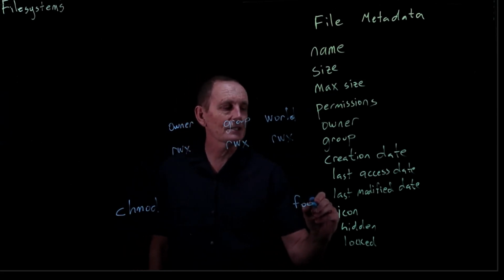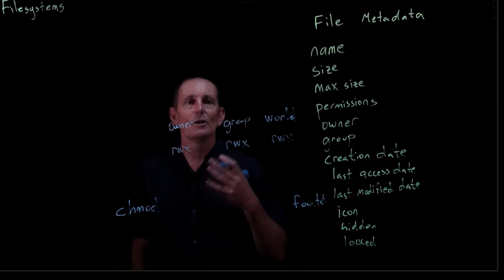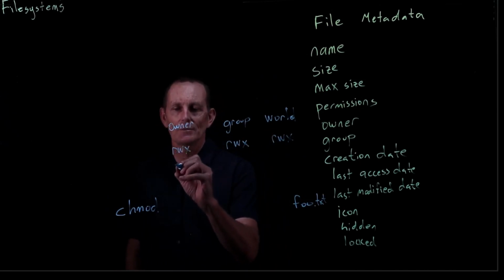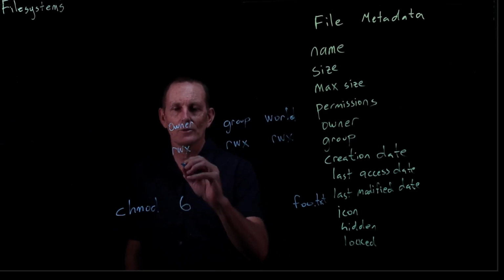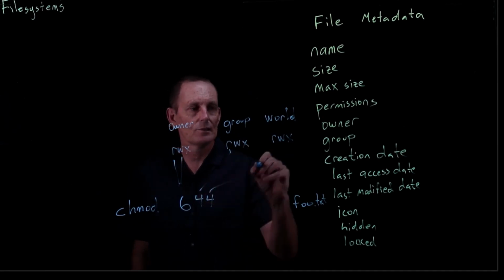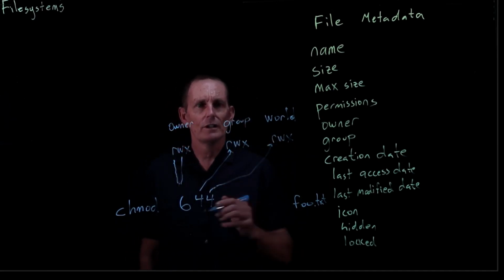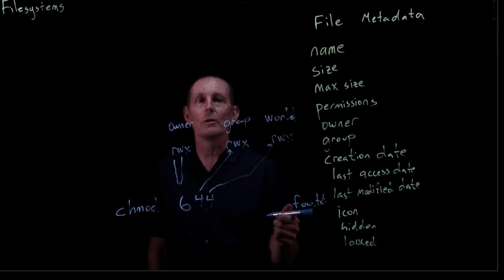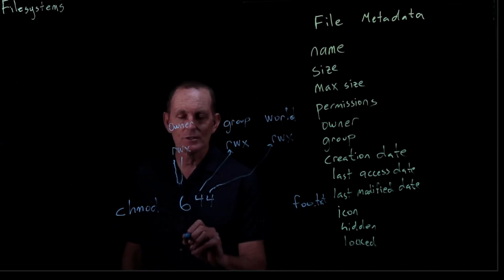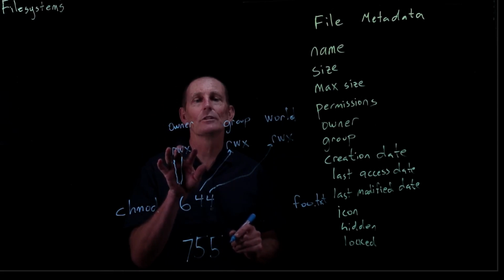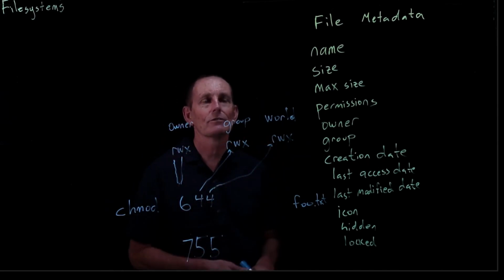So if I have a file foo.txt, and I want to make it so I can read and write it, but the group and the world can only read it, I would do basically a 6, which would be the read and write bits, a 4, and a 4. So chmod 644 foo.txt would change it so that this file was readable and writable by me, and only readable by other people. If it was an executable file, I might instead choose it to be 755. So it's read, write, execute for me, and read, execute for others.